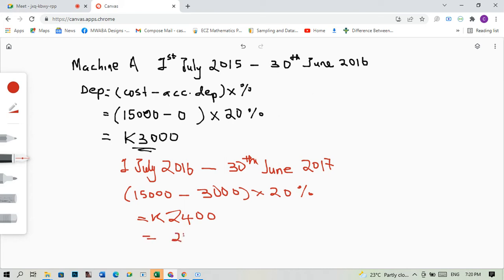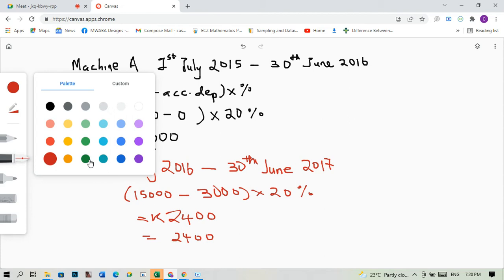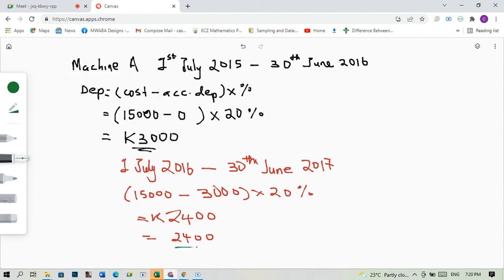We get 200 kwacha monthly. This is the monthly charge. Now we're going to calculate how many months it is from 1st July 2016 to 31st December 2016, when the machine was sold.